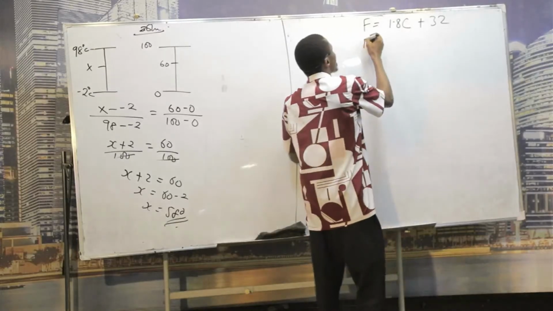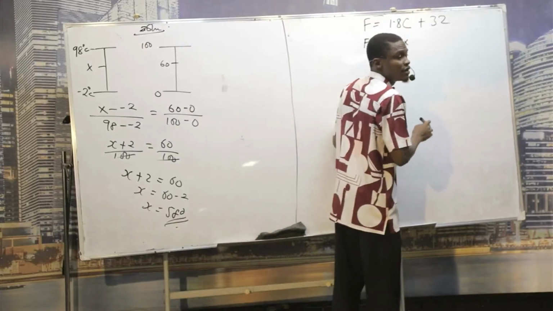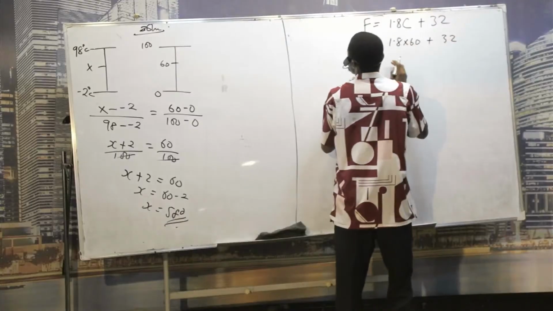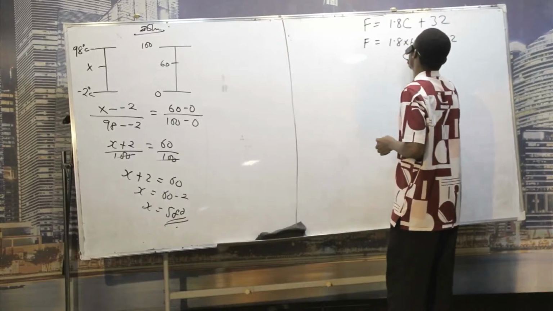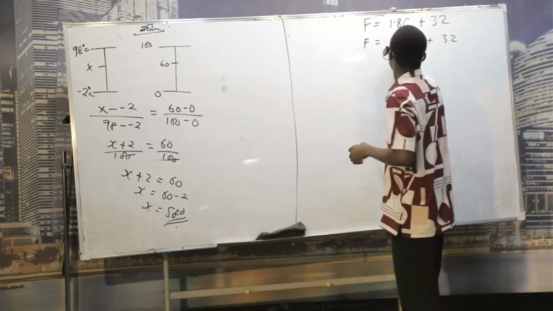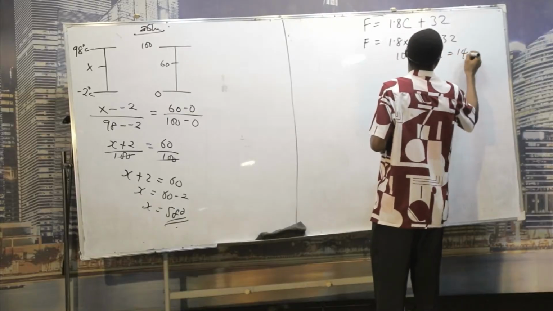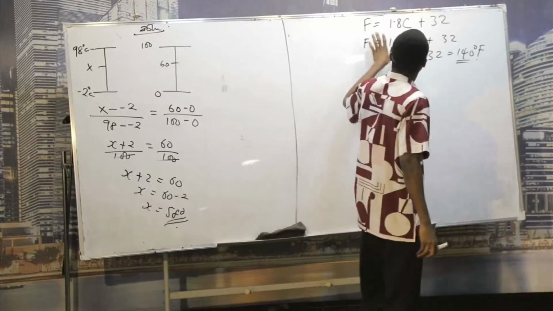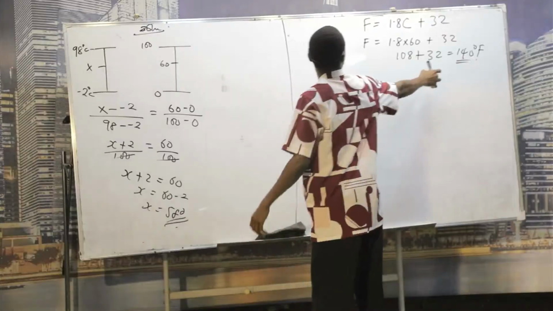F is equal to 1.8 times 60, plus 32. 1.8 times 60 is 108, plus 32 gives 140 degrees Fahrenheit. But we are not going to use the formula.